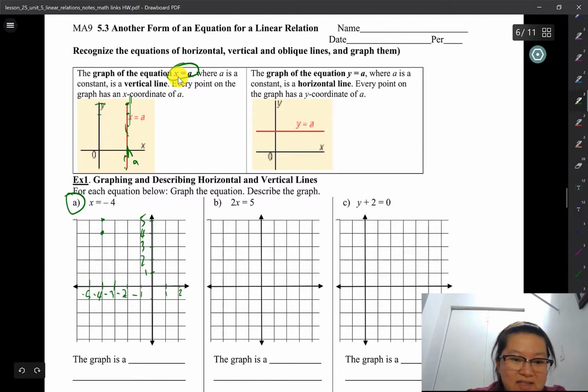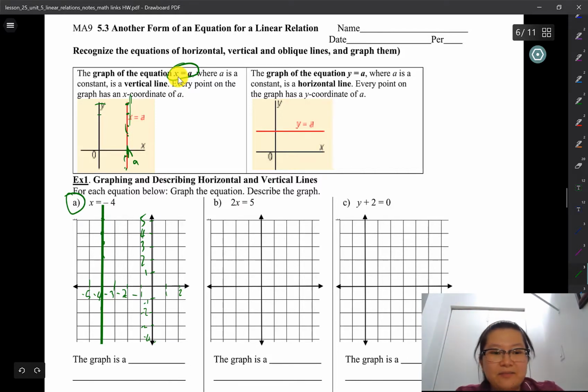If my y is -1, -2, -3, -4, it doesn't matter. I'm still going to get my x on the -4 line. So I get this vertical line that goes through -4 on my x-axis, just like that.